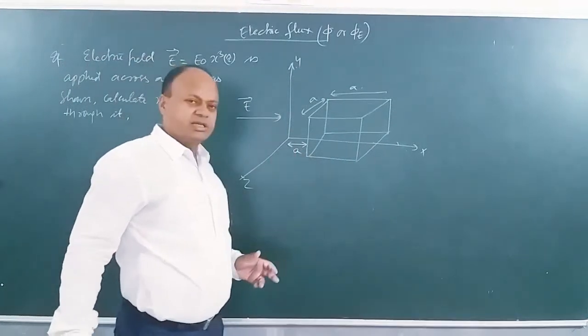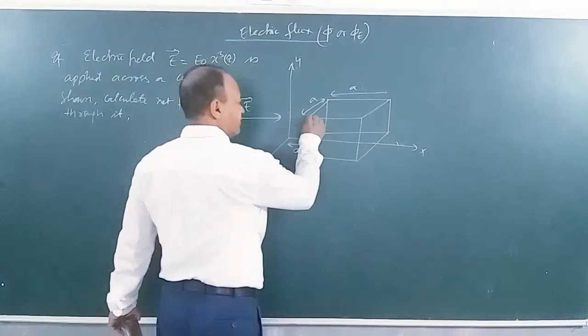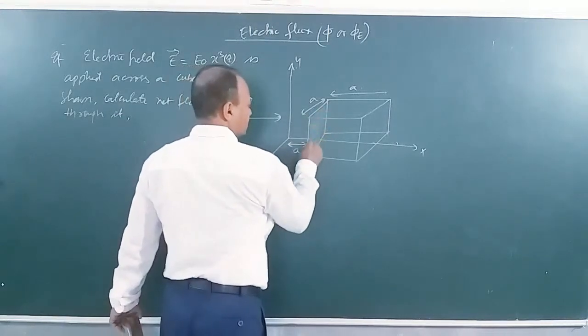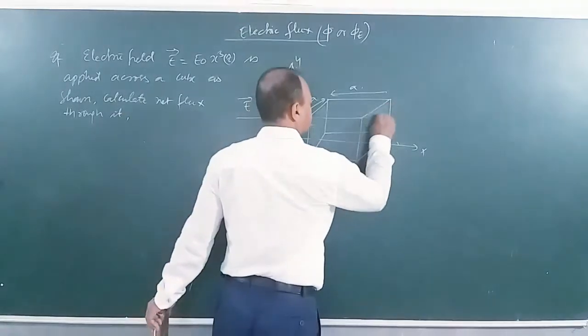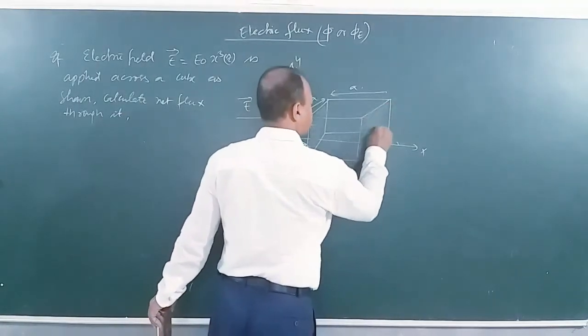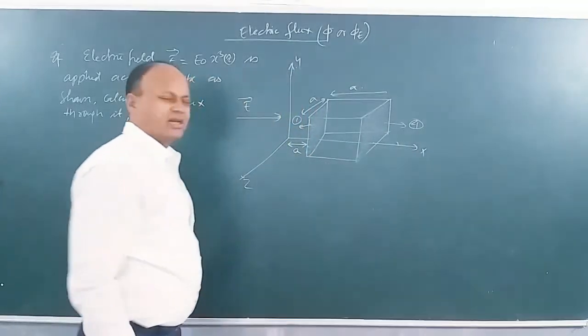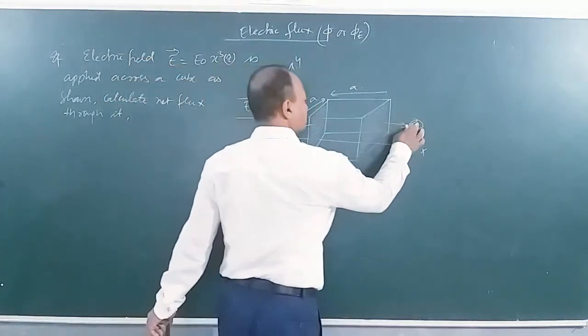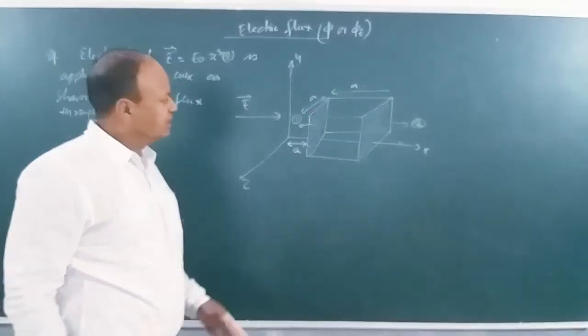You can clearly see that in this case, like in the previous case, there is flux through surface 1. And let's see this surface 4 for example, or surface 2 also. Flux will be only through these two surfaces.